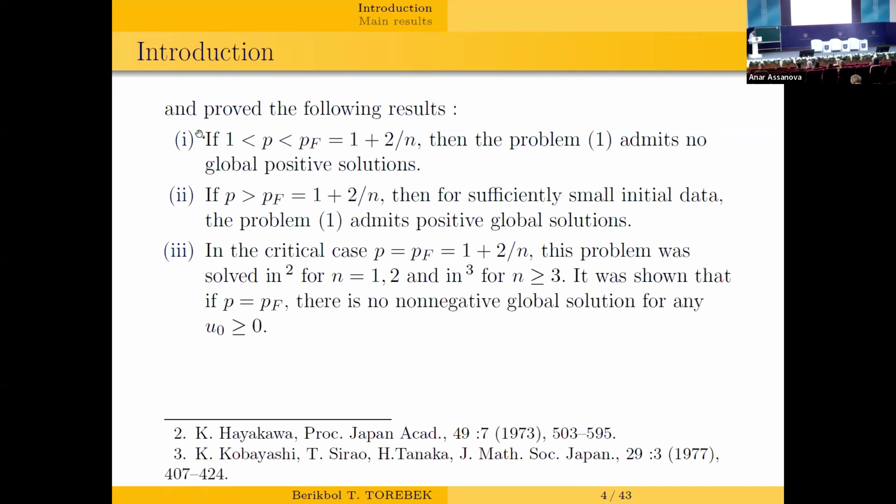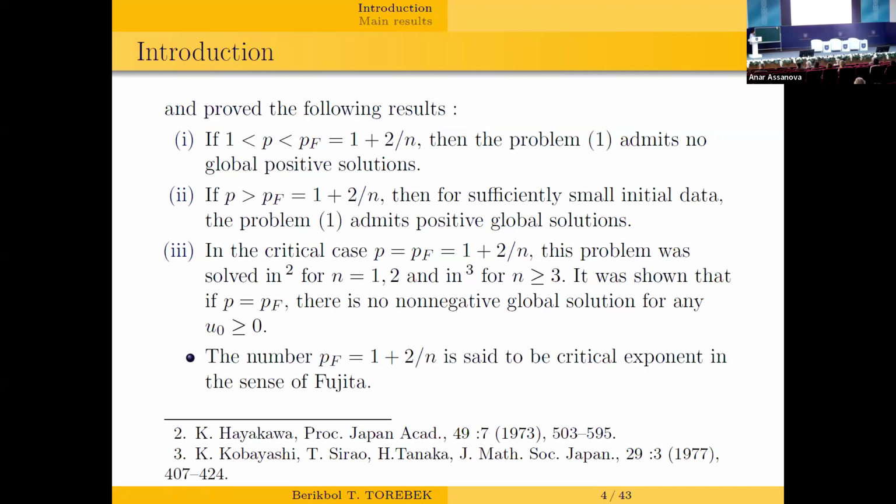It means that in this case also, for any non-negative initial data, there is no global in time positive solution. By non-existence, I mean here the solution blows up in finite time. And this number is called the Fujita type critical exponent.